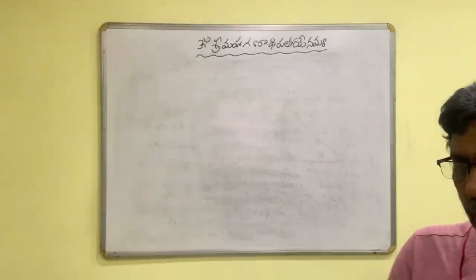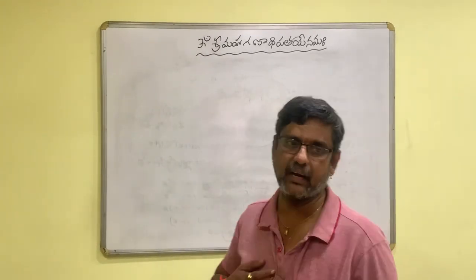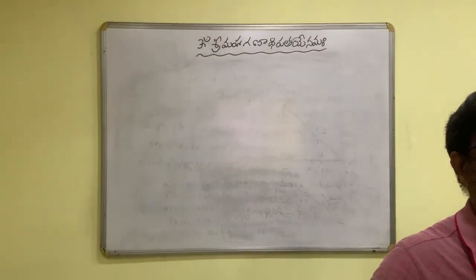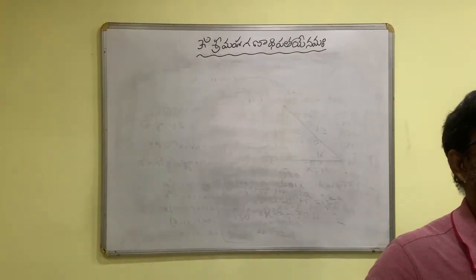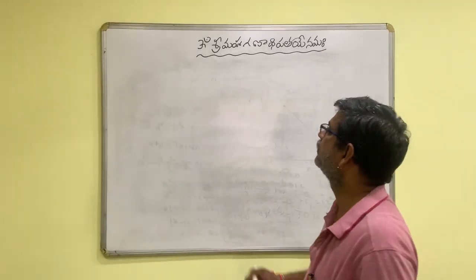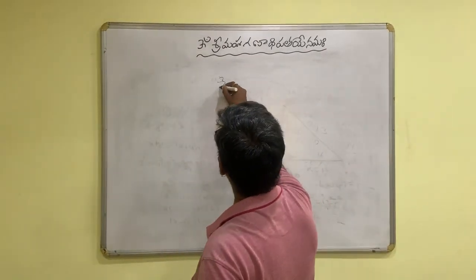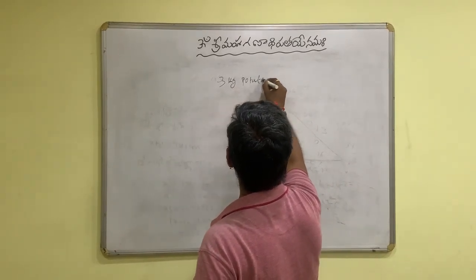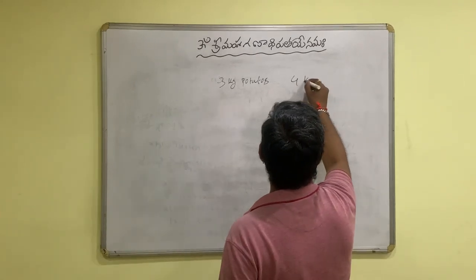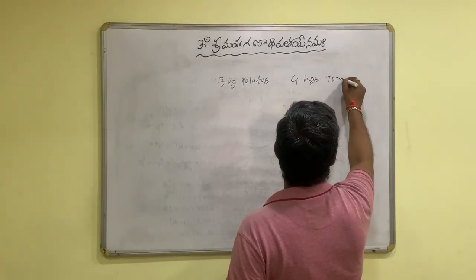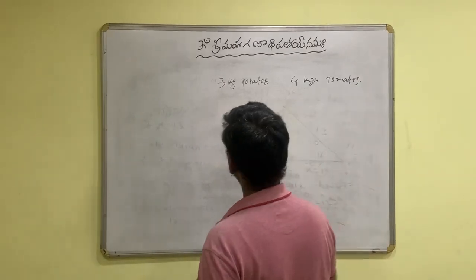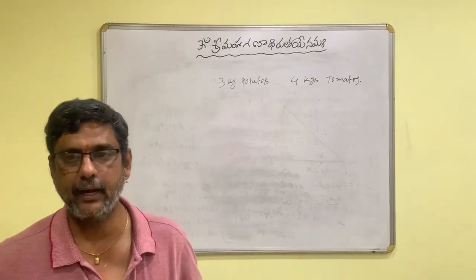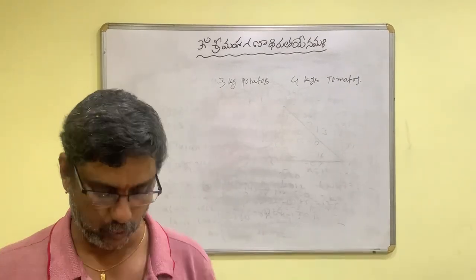Okay. So Tejal is along with her relative, and the relative asks the shopkeeper about the cost of 3 kgs of potatoes and 4 kgs of tomatoes. 3 kgs of potatoes and 4 kgs of tomatoes.